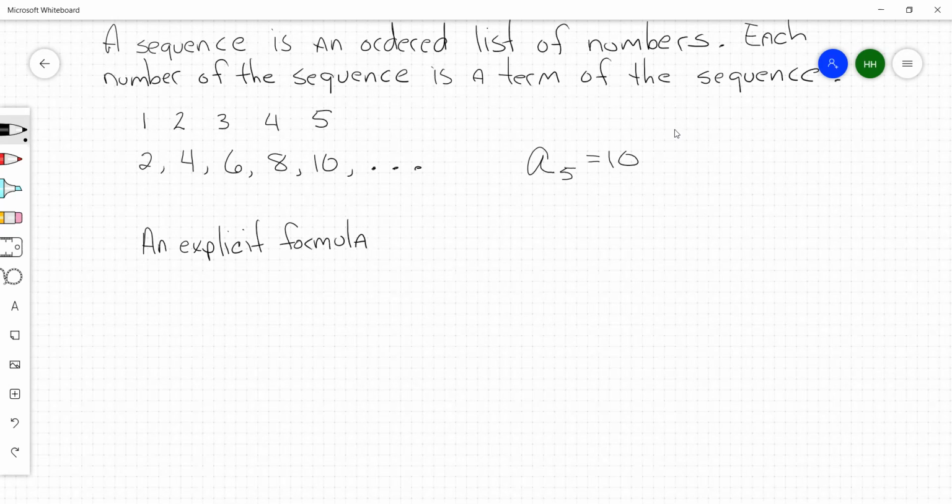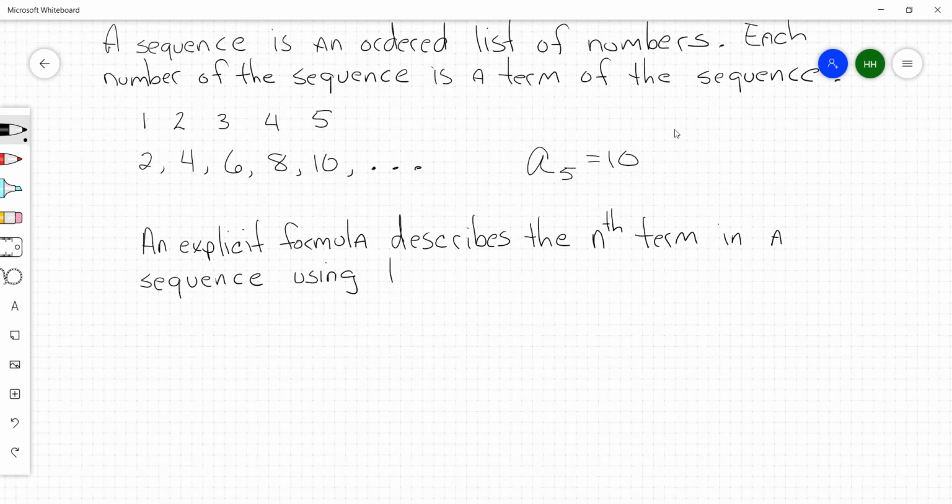An explicit formula describes the nth term in a sequence using the number n.